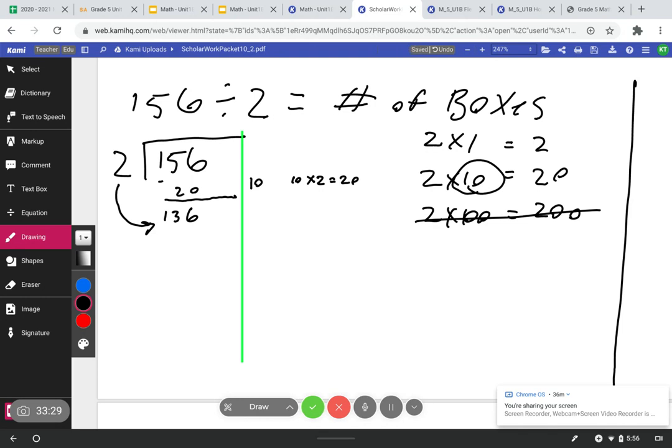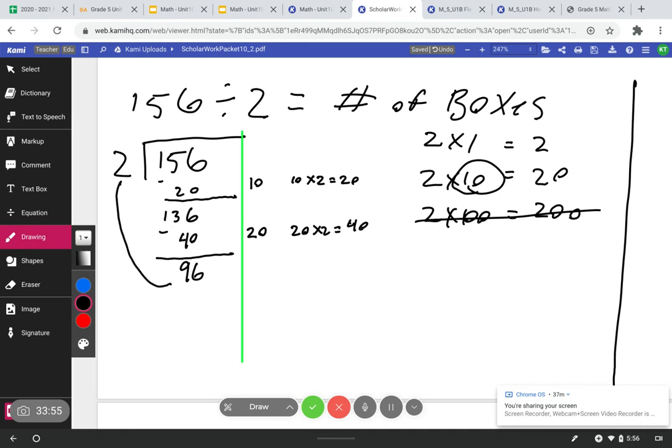Well, I know, listen, it would take me forever if I just did 10 by 10 by 10. So let's double it. Let's do 20 groups. So 20 times 2 equals 40. So let's take 40 out.